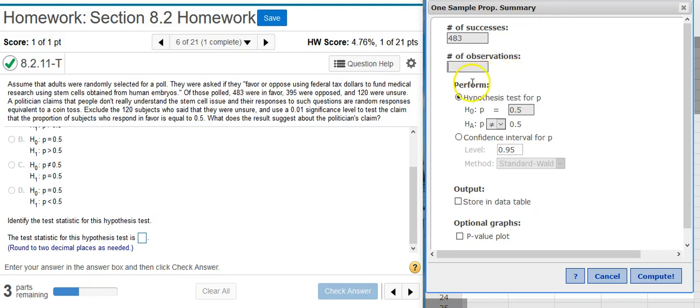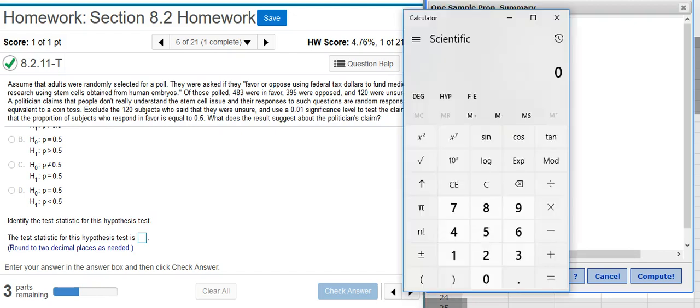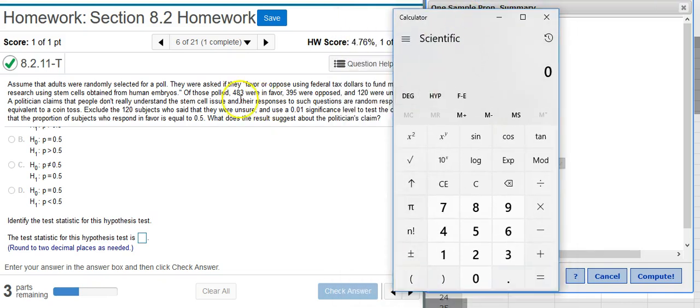Number of observations. This is the total. So I'm going to open my calculator. We're going to take the total 483 and add it to the 395 that were opposed. And we don't include the 120 because it said to exclude the 120 who said they were unsure.